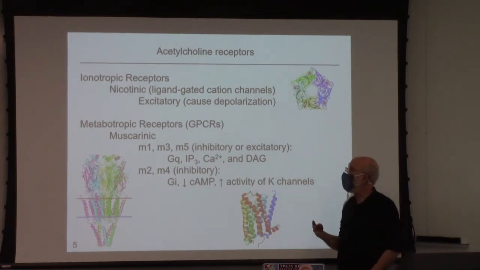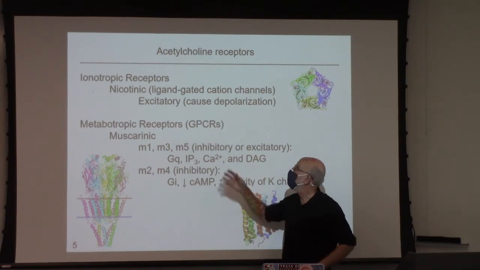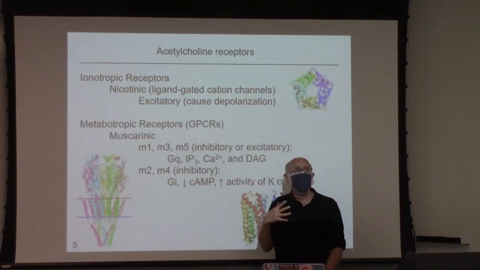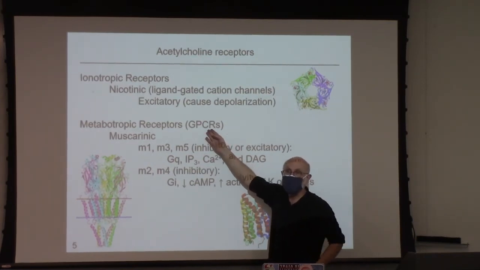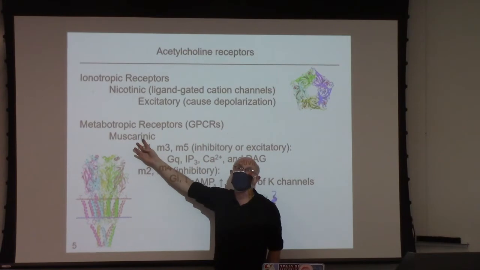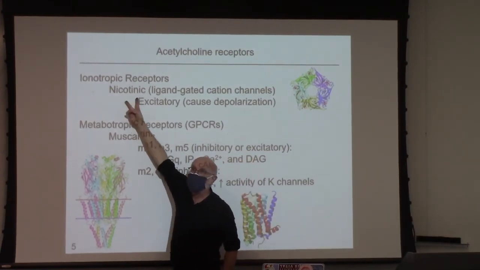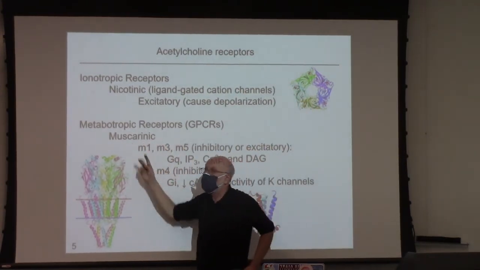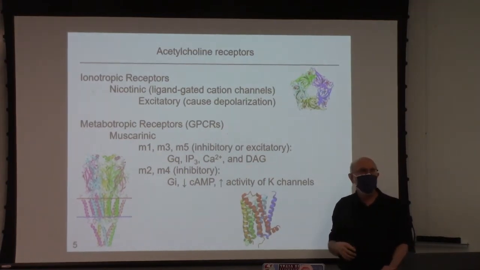Acetylcholine also binds to a different class of receptors called GPCRs, G-protein coupled receptors. So there are acetylcholine GPCRs, and they're called muscarinic receptors. So the nicotinic receptors are ion channels, and the muscarinic receptors are GPCRs. I do want you to know that language.